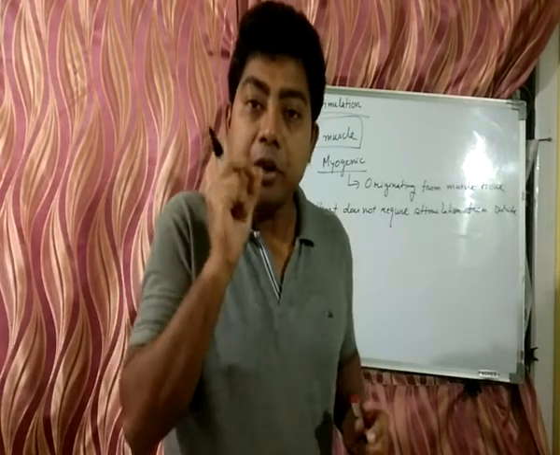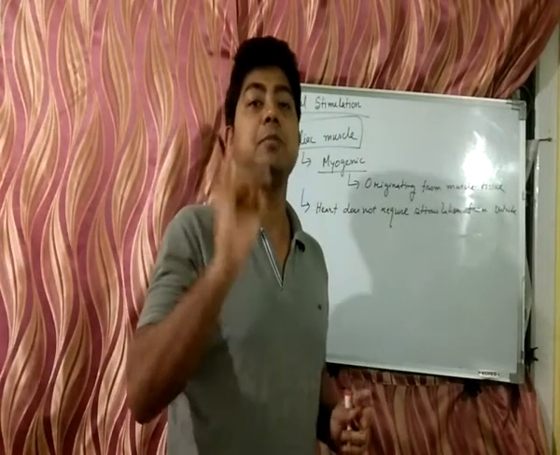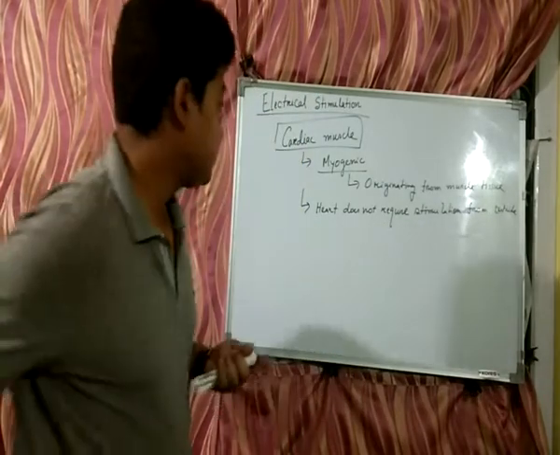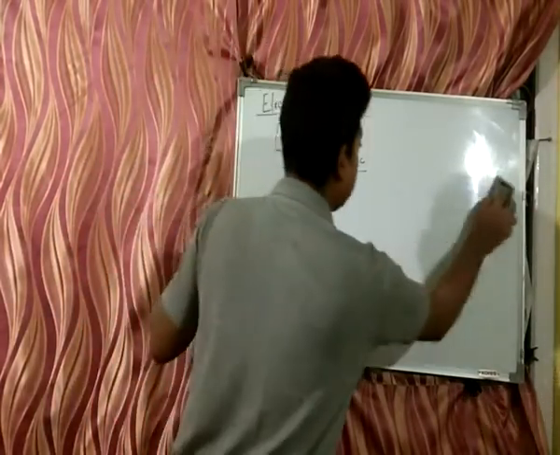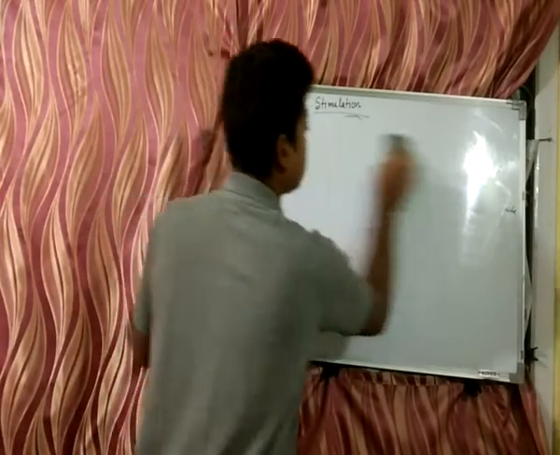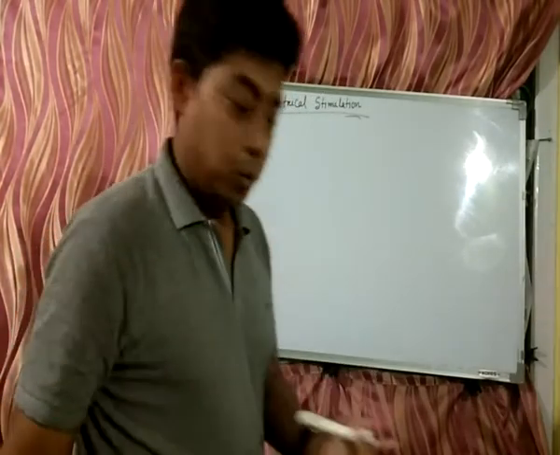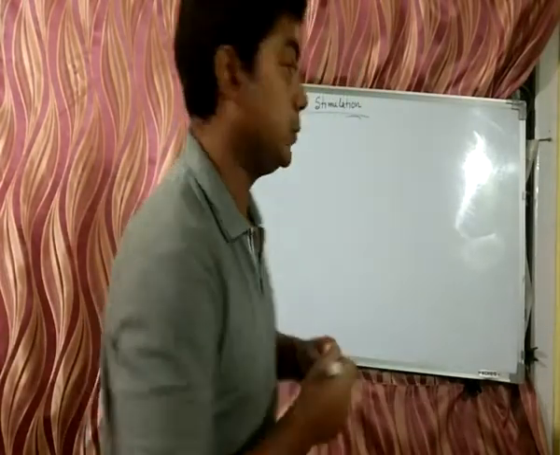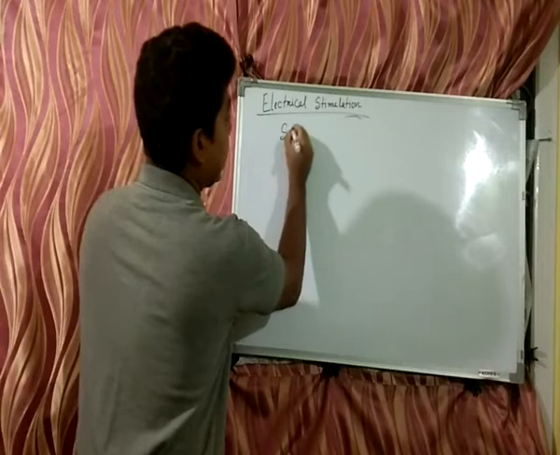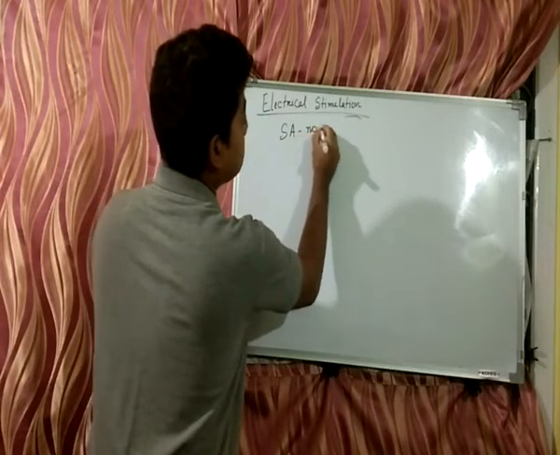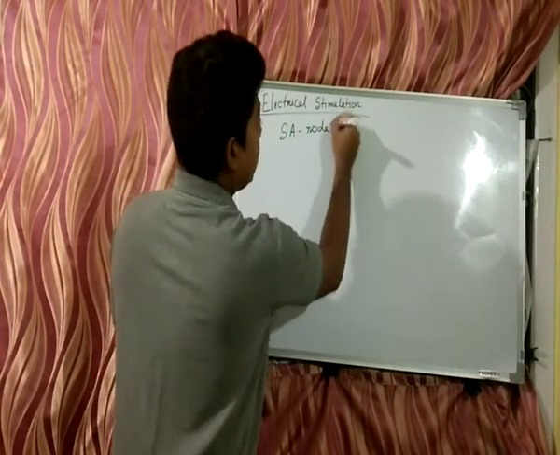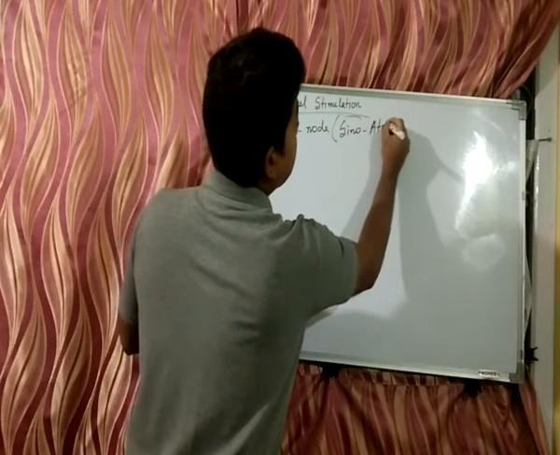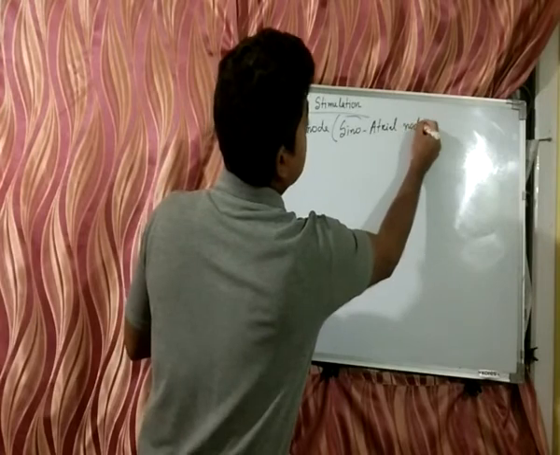Now I'm going to discuss how this action potential is generated. One node is there that is called the SA node, that means the sinoatrial node.